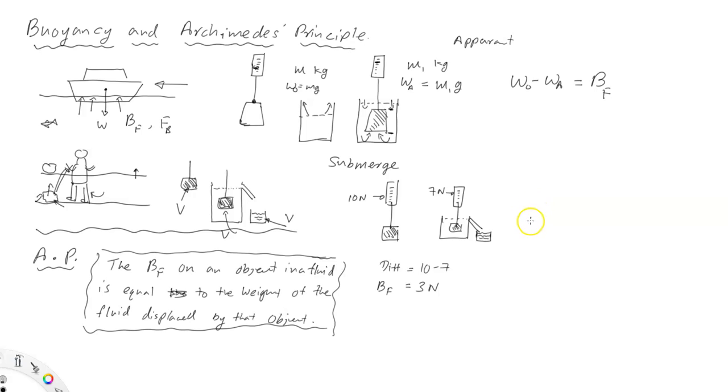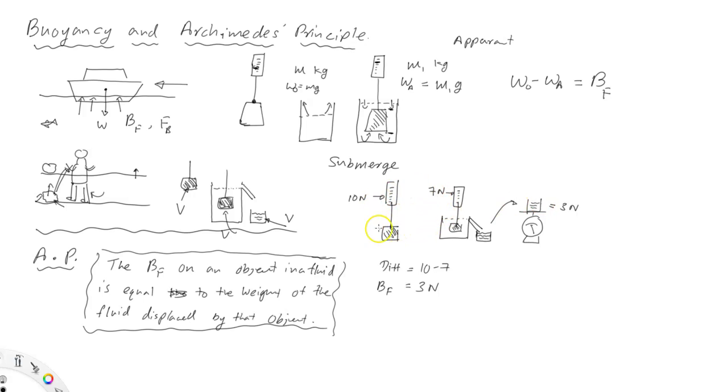He's going to weigh it, so he has this weighing scale, like a kitchen scale. You place the water container, put it here, and weigh it. What do you think the answer is? The weight of the water is also 3 newtons.